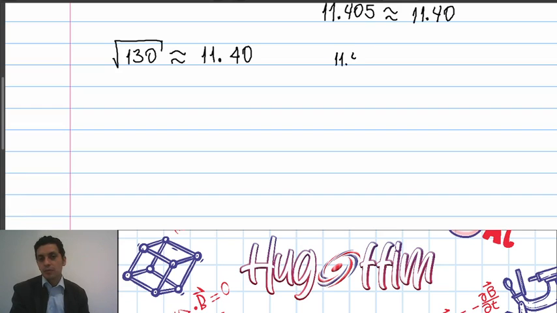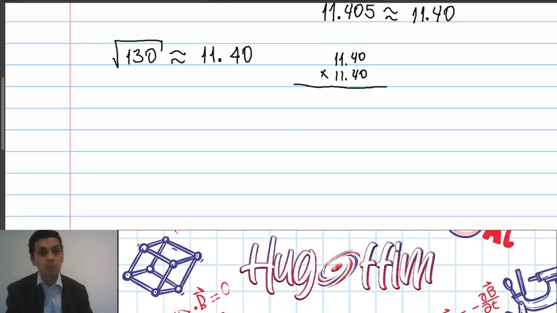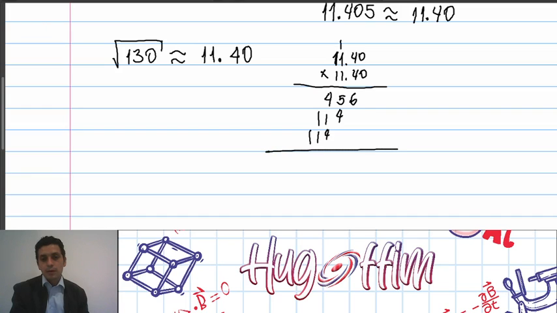So 11.4 times 11.4, that is to the second power. I'm going to multiply them. 4 times 4 is 16, and so on through the multiplication.